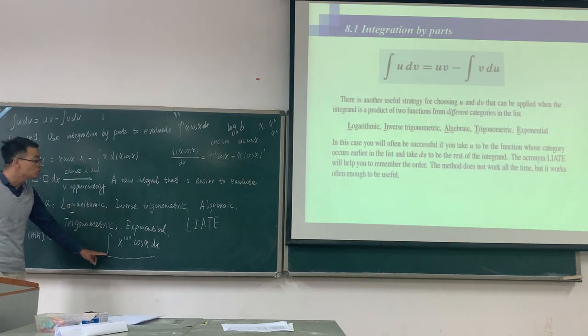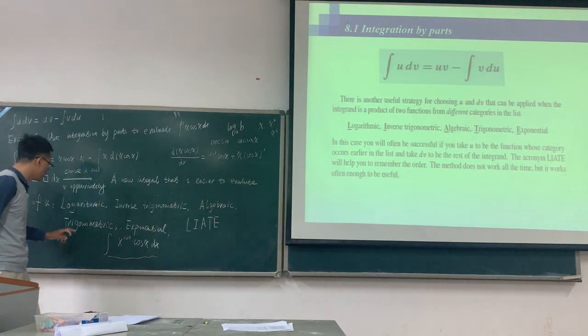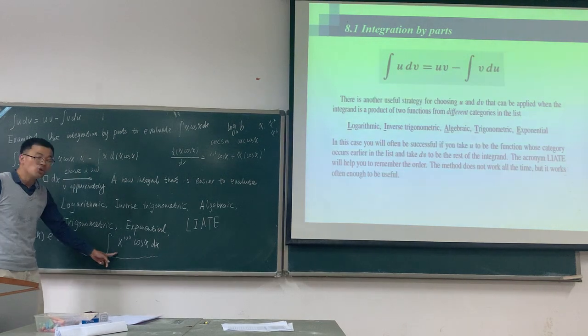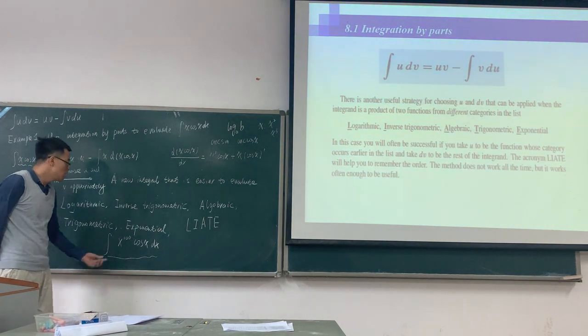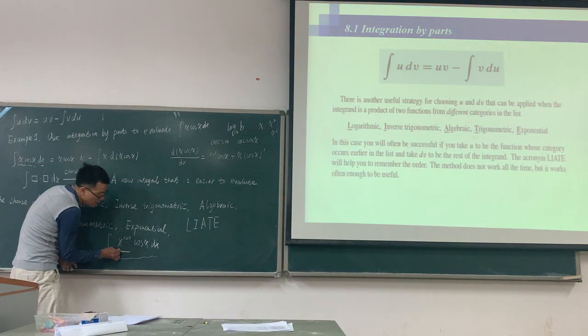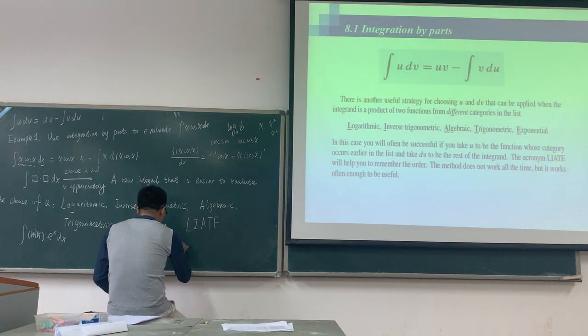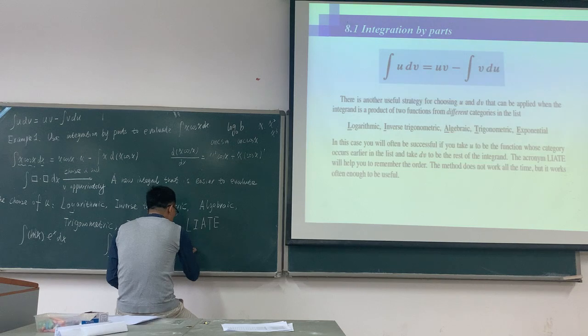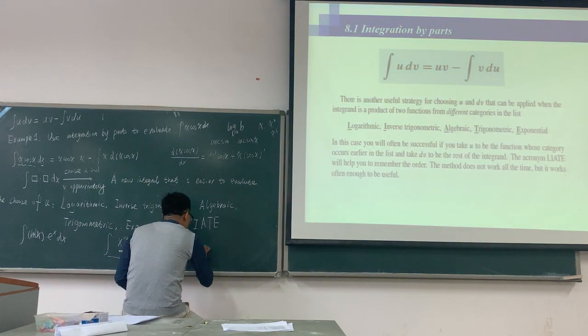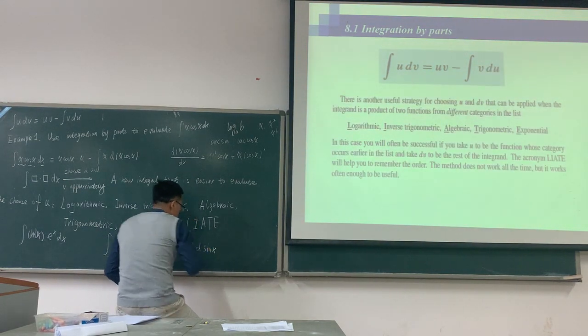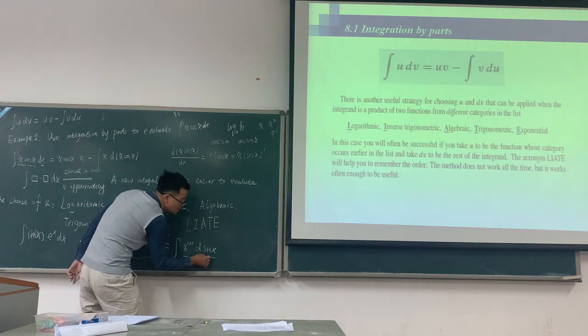So we let u equal the algebraic part. So u is this part, and dv is the cosine x dx part.